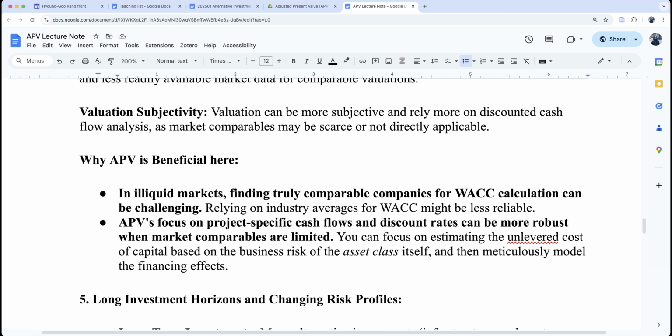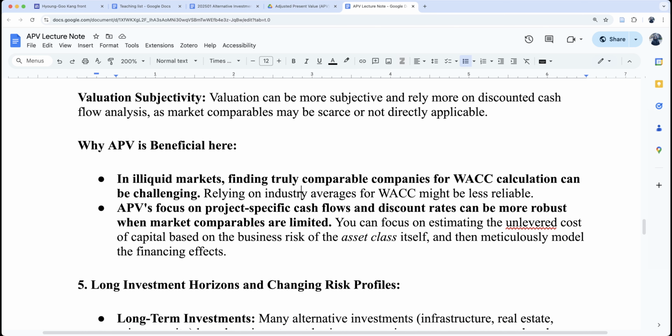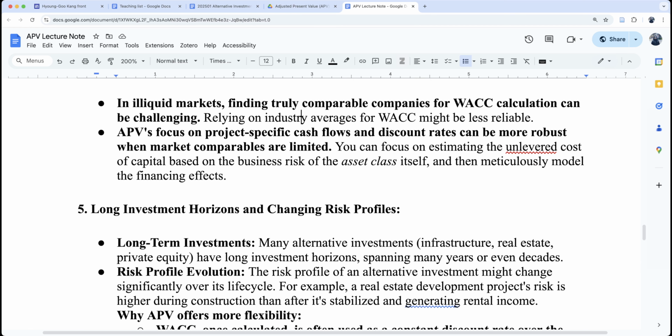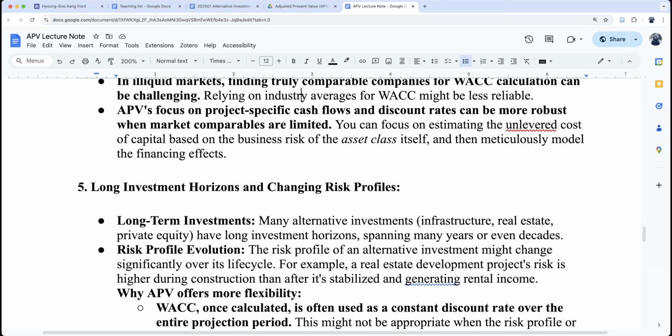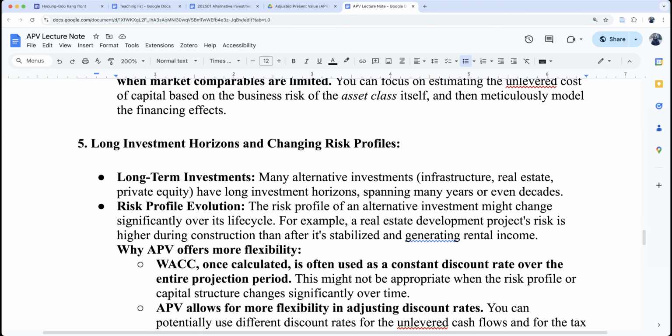When data is limited, APV is actually even better. You can focus on estimating the unlevered cost of capital based on the asset class itself, and then meticulously model the financing effect.